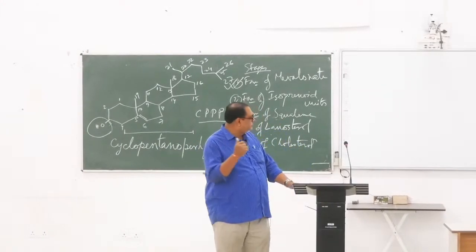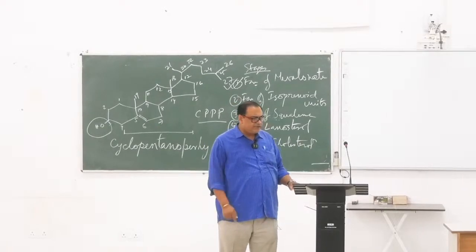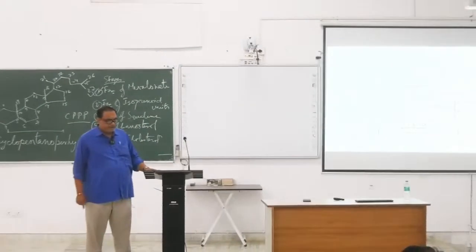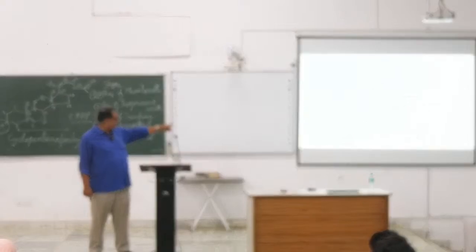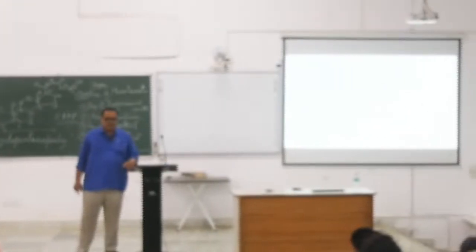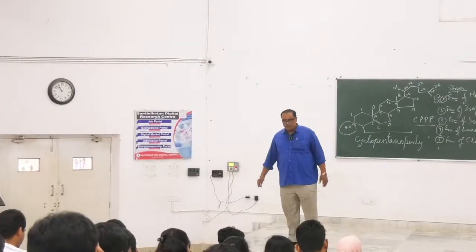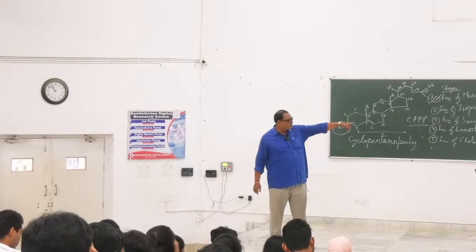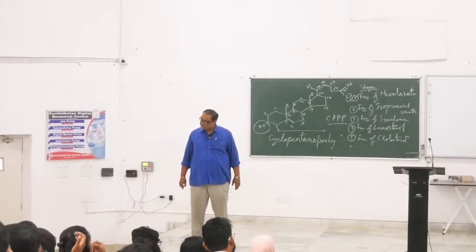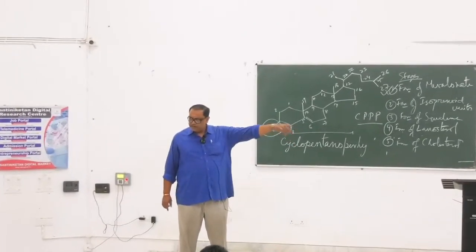So, the acetyl enzyme then forms beta-hydroxy-beta-methylglutaryl CoA, and the enzyme is HMG CoA synthase. In both steps, one of the enzymes is removed.